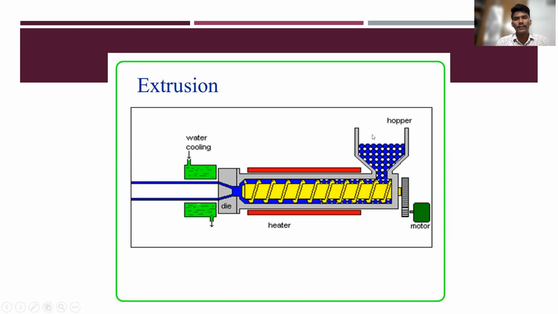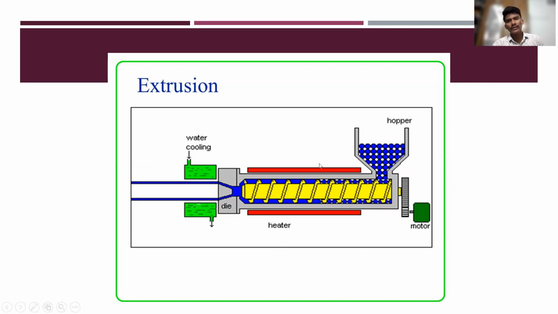Here this will be the input, the only opening for feeding the material, and this is the wanted shape. Here it is a plain straight pipe, but instead of this you can use a T shape or any shape that you want to take.